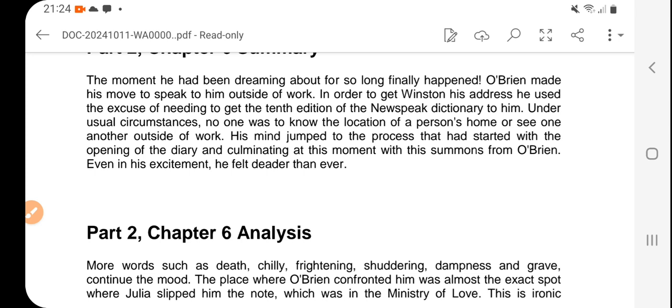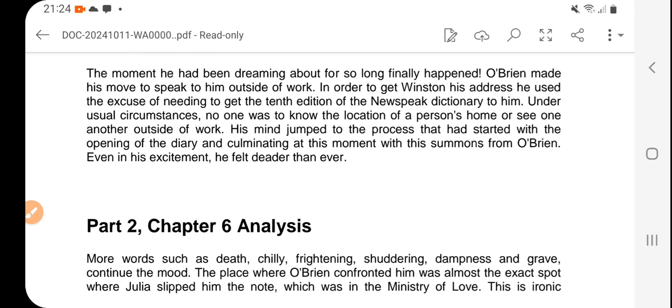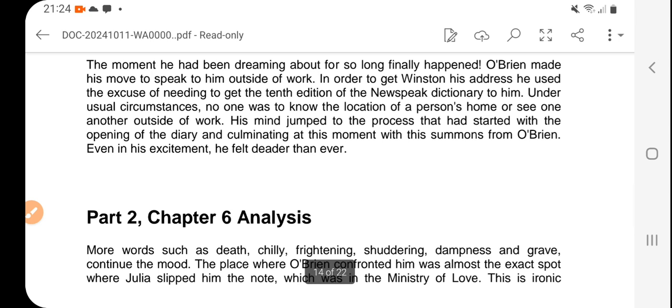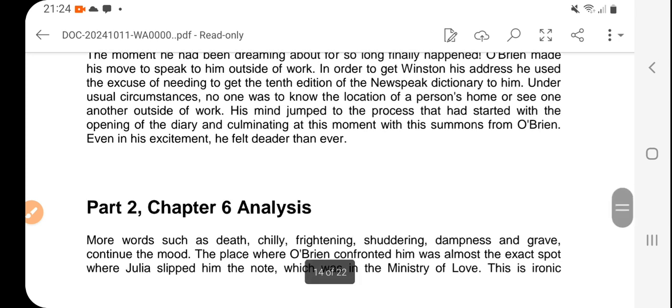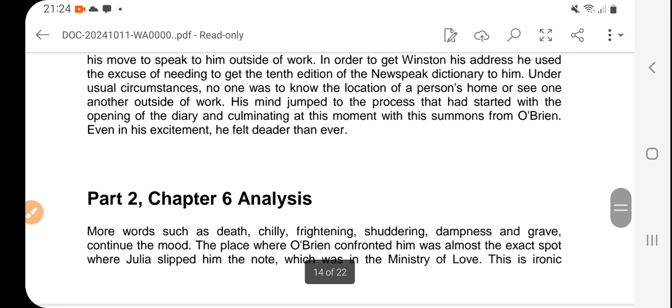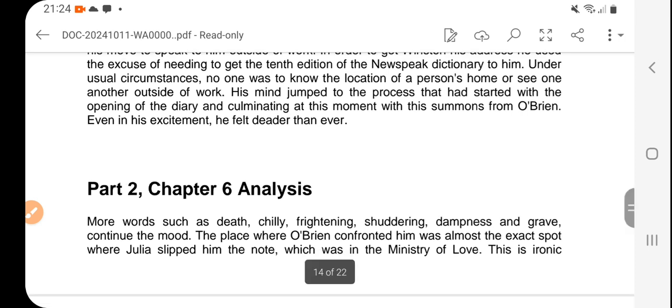In order to get Winston his address, he used the excuse of needing to get the 10th edition of the Newspeak dictionary to him.